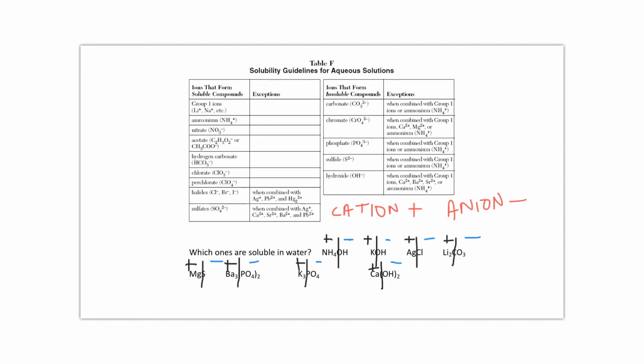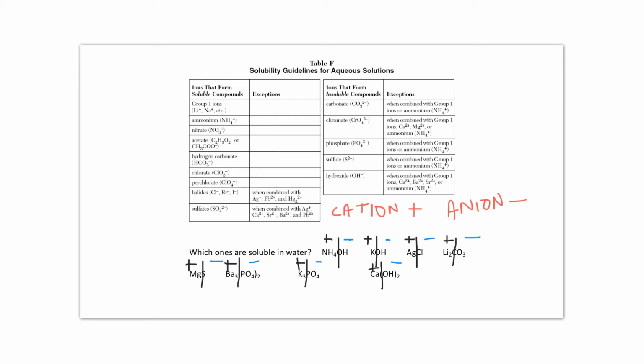When combined with group 1 ions, and NH4 is not a group 1 ion, calcium, barium, strontium, which are group 2 ions, or ammonium, which is NH4, and there it is, there's the ammonium. So normally it's insoluble. Since it meets the exception, it's going to be soluble.